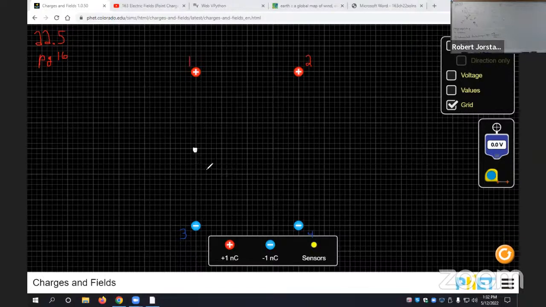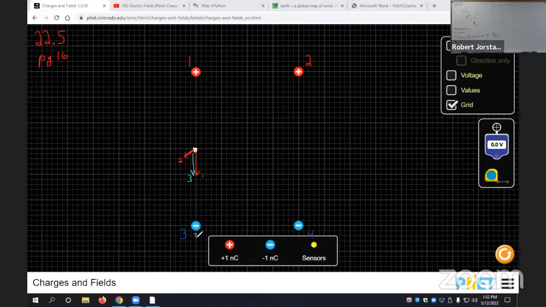All right, here we go. 1 is going to push if I put a plus charge there. 2 is going to push, and it's going to be smaller. It's farther away. 3 is going to pull straight down. Hey, that looks a lot like the problem we just did, doesn't it?